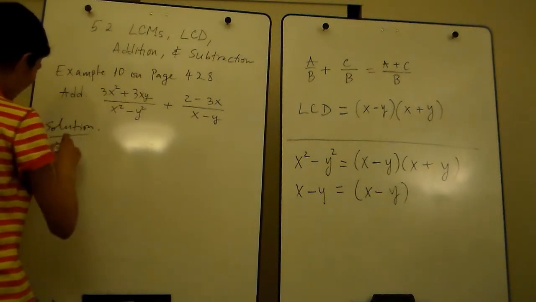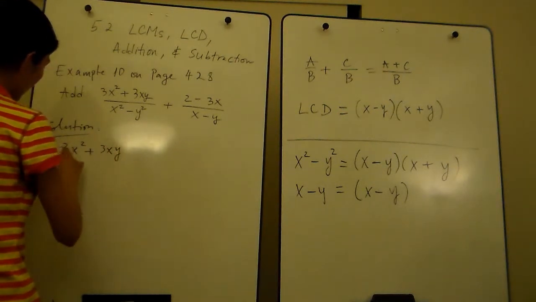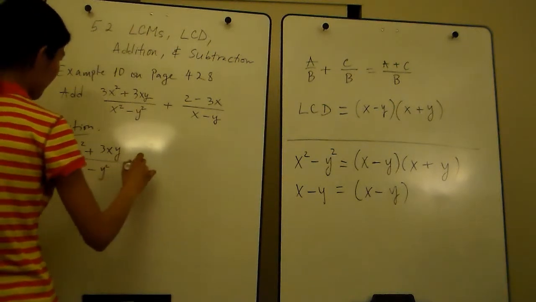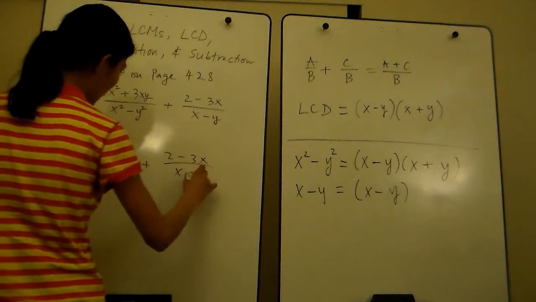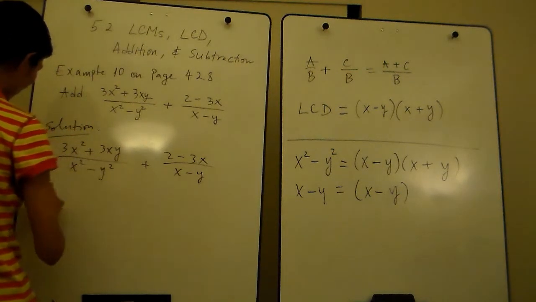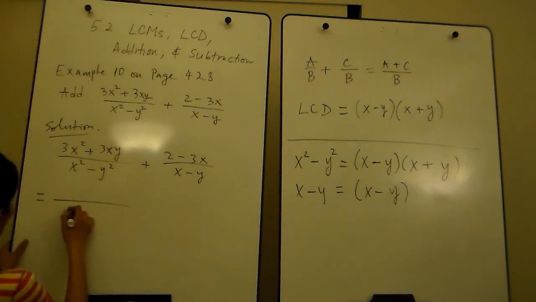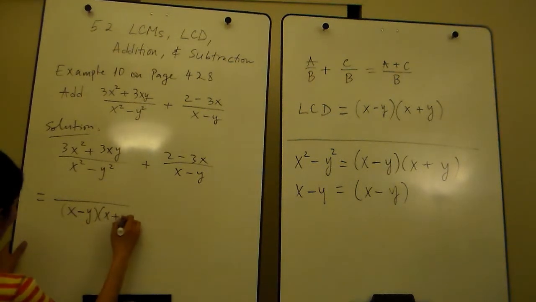So for the first fraction, let me rewrite the original problem, okay? So the first fraction is already in the form of the LCD. So it's x minus y, x plus y.